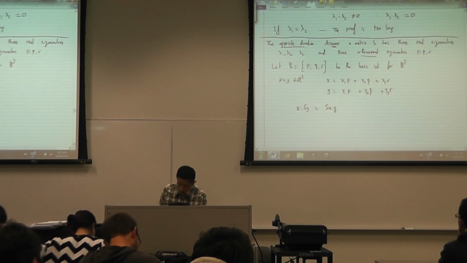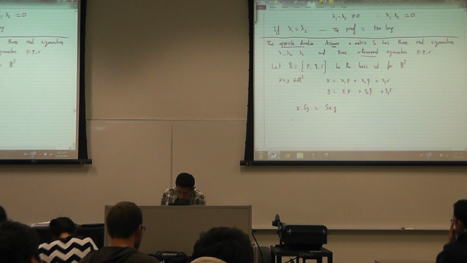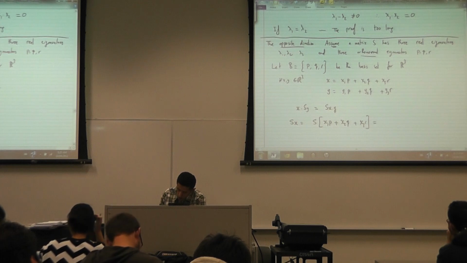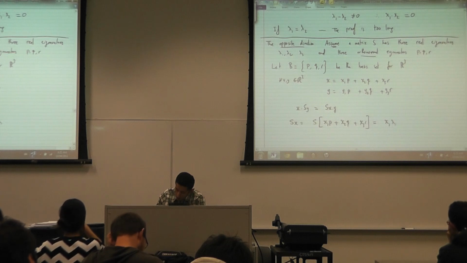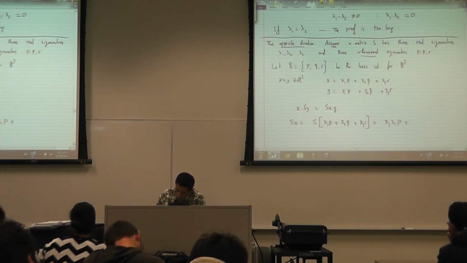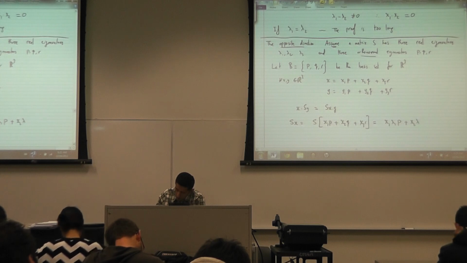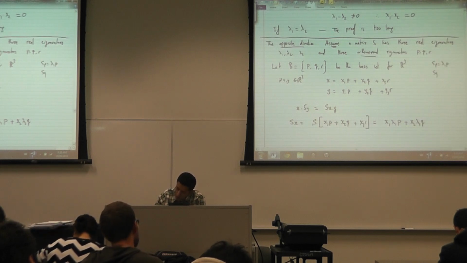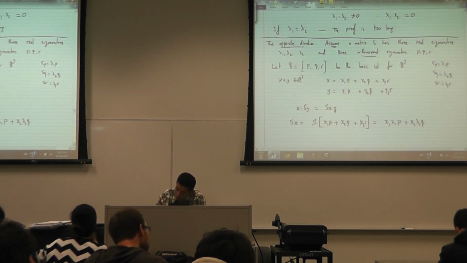Let's calculate Sx, which is equal to S multiplied by x1 p plus x2 q plus x3 r, which is equal to x1 lambda 1 p plus x2 lambda 2 q plus x3 lambda 3 r, because remember Sp equals lambda 1 p, Sq equals lambda 2 q, and Sr equals lambda 3 r.